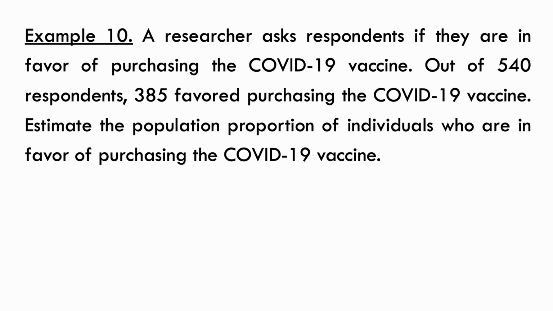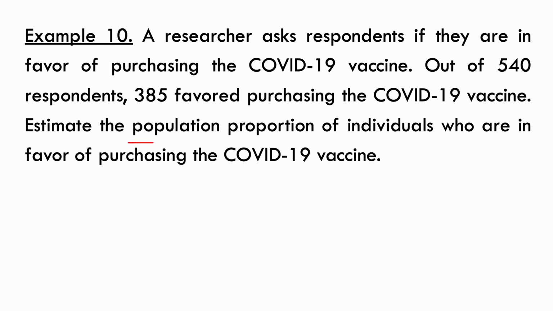A researcher asked respondents if they are in favor of purchasing the COVID-19 vaccine. Out of the 540 respondents, 385 favored purchasing the COVID-19 vaccines. Let's estimate the population proportion of individuals who are in favor of purchasing the COVID-19 vaccine.